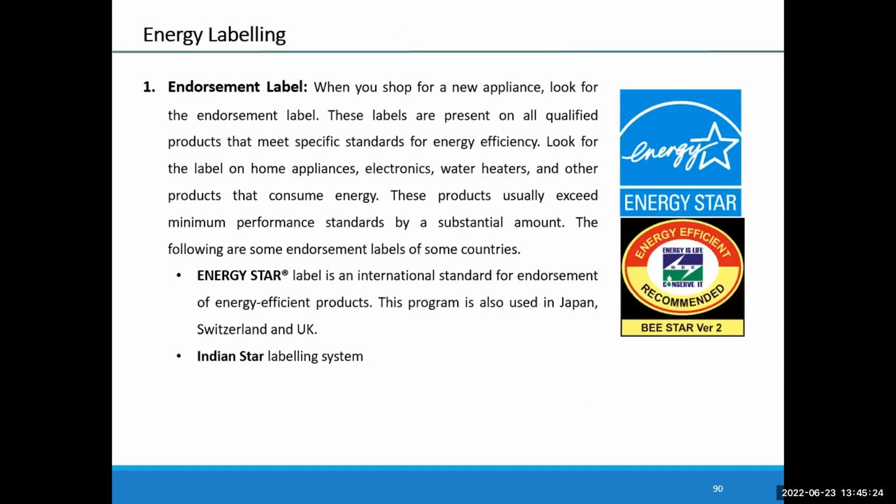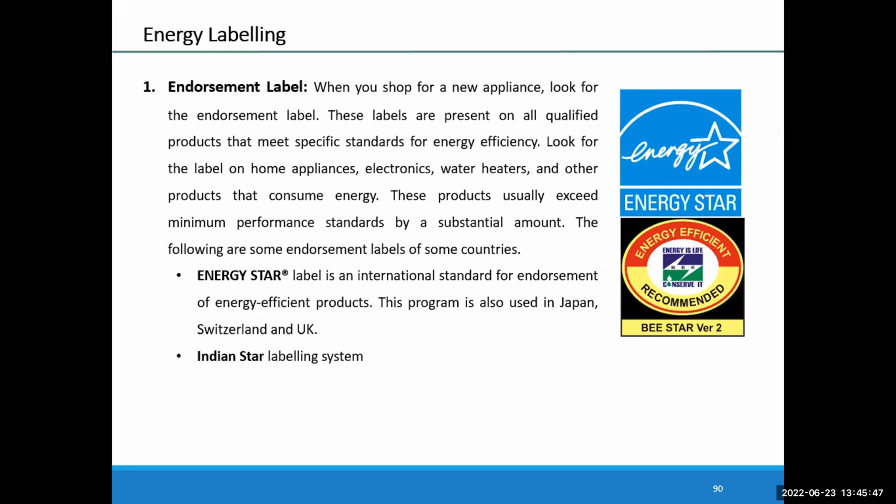So this is energy labeling. Like in the US, we can see Energy Star labeling on some of the electronic equipment. And in India, we can see the Bureau of Energy Efficiency has given this star labeling, which will define the efficiency of that particular appliance.